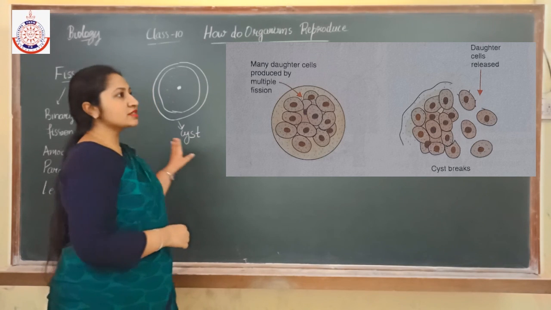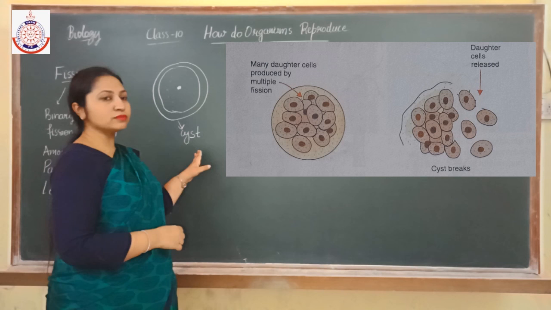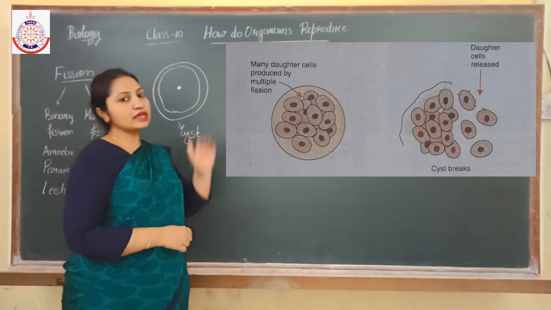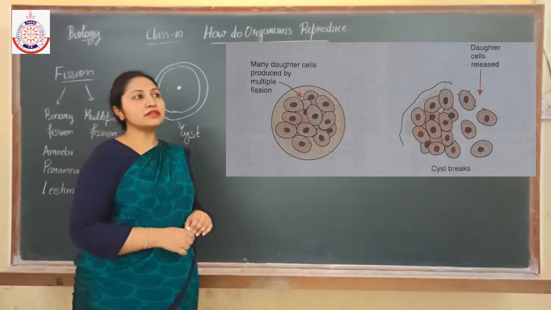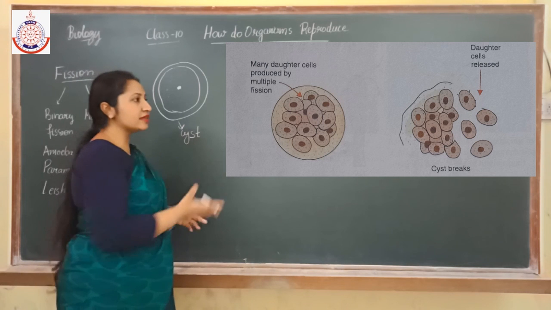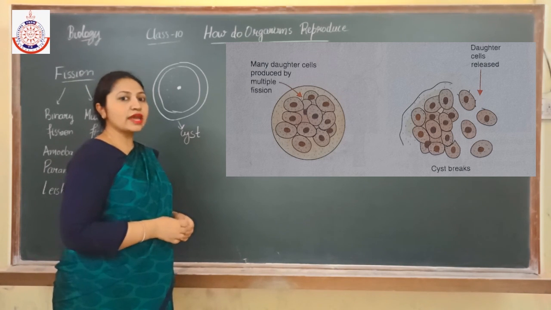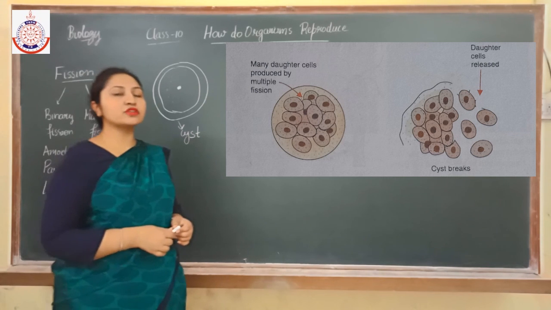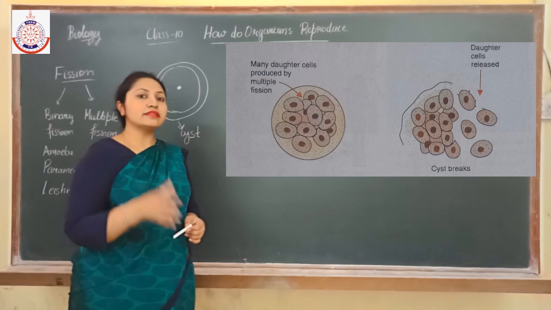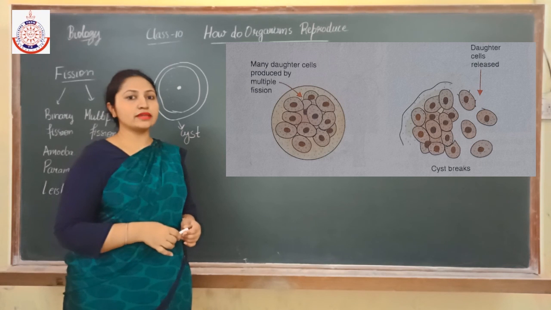Under that condition the cyst, a protective wall, forms, but when favorable conditions appear again, the cyst breaks down, releasing thousands of nuclei. Each nucleus with a bit of cytoplasm forms a new organism.